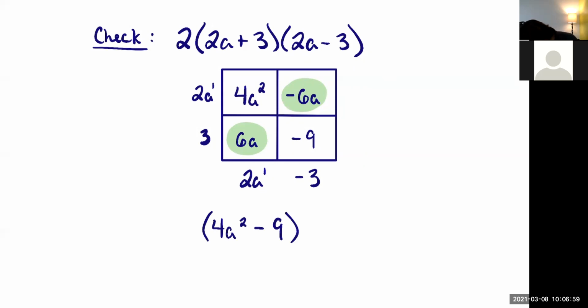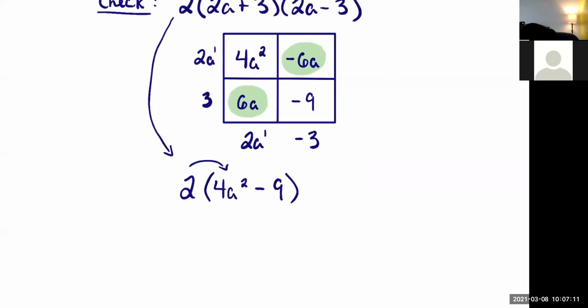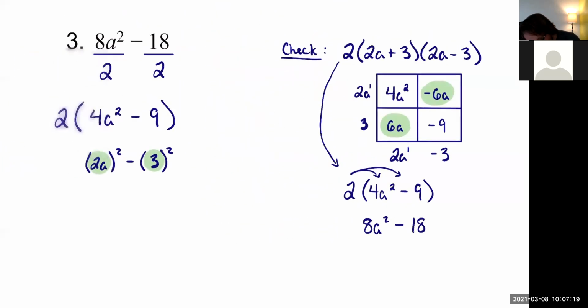Now I can't forget that I haven't used the greatest common factor yet, at which point I would do what? Multiply. Distribute, which is fancy multiplication. 2 times 4a squared would give me 8a squared. 2 times negative 9 would give me a negative 18. And just like that, we're right back to where we started.